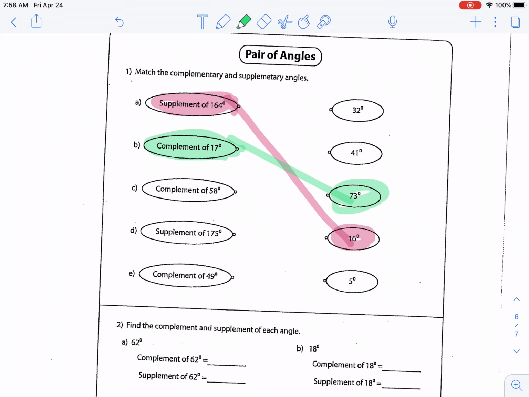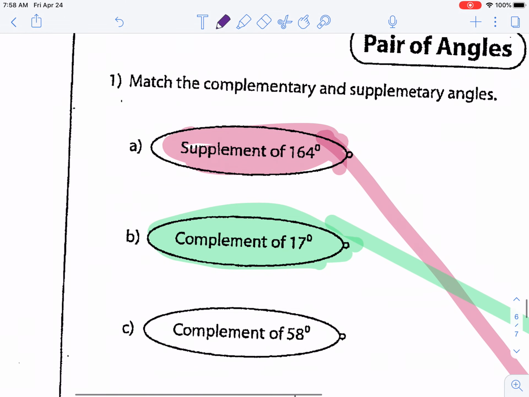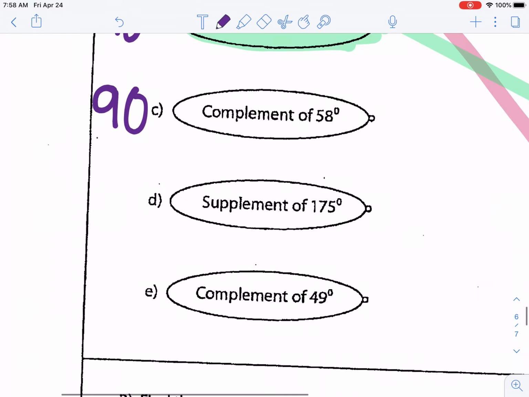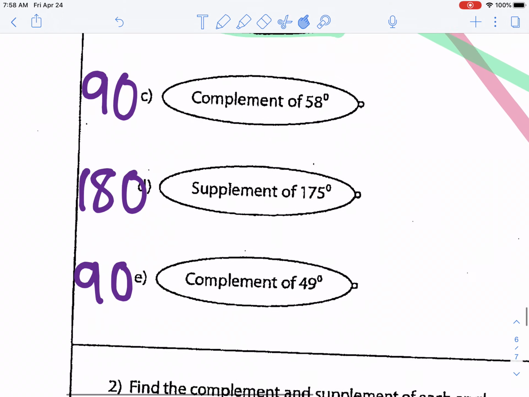Okay? The complement of 58. So it may benefit you to write out here on the side that the supplement is 180 and the complement is 90 when added together.